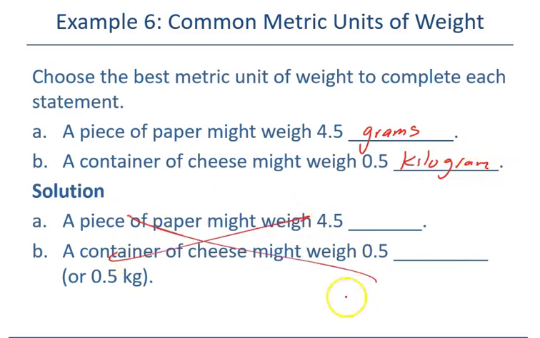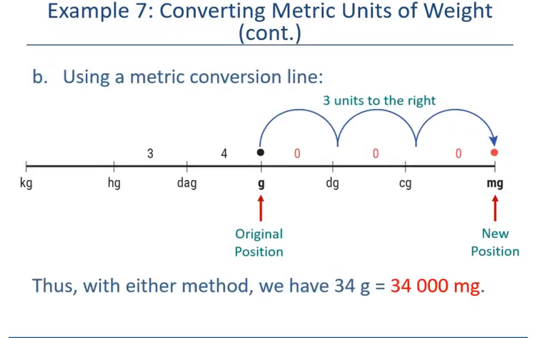And this right here is just extra that was just there. And then once again, we can use this little conversion thing here. We're already getting kind of used to that. Using a metric conversion line, let's convert something right here. We've got a milligram, and if we wanted to convert it to grams, it's going to be 3 units to the right.